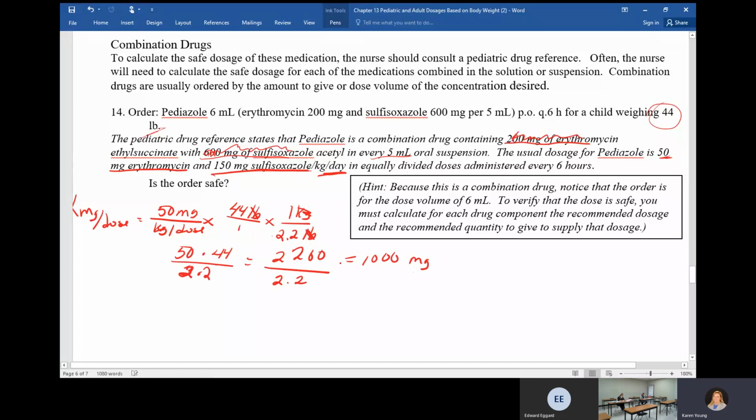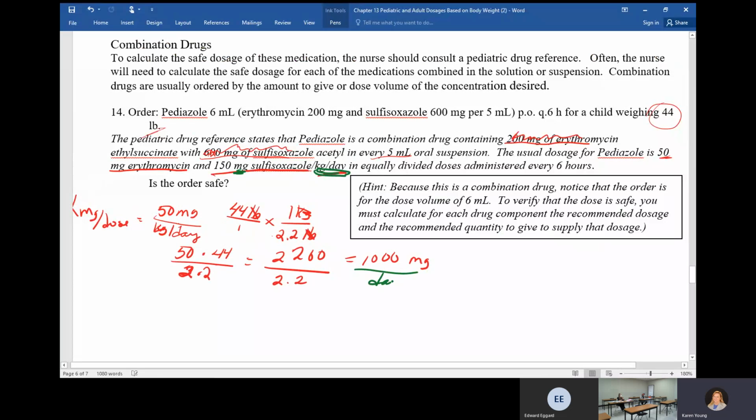And it's not milligrams per dose, is it? It's milligrams per kilogram per day.